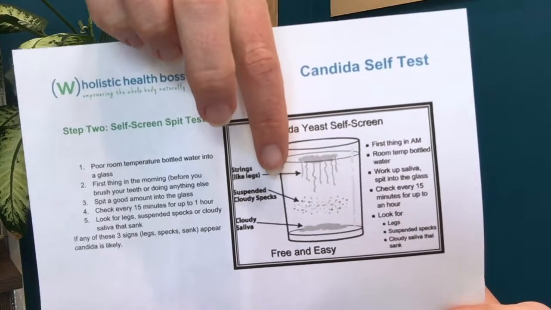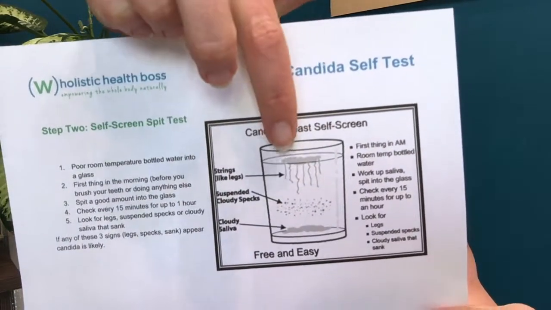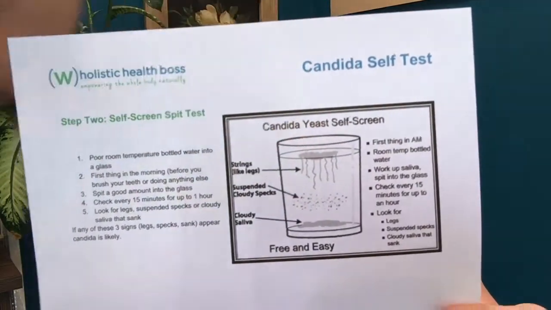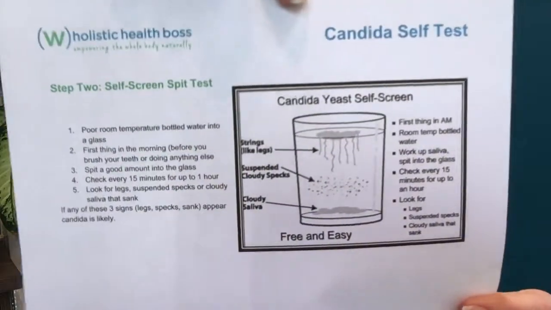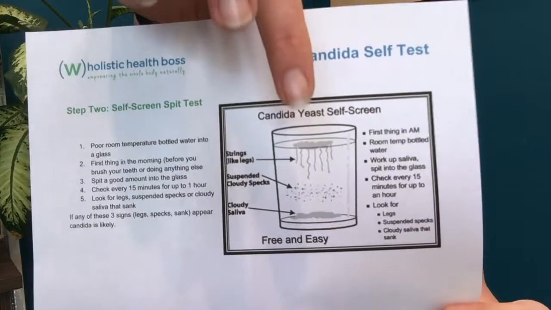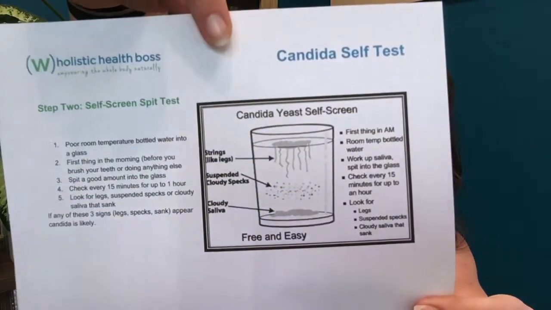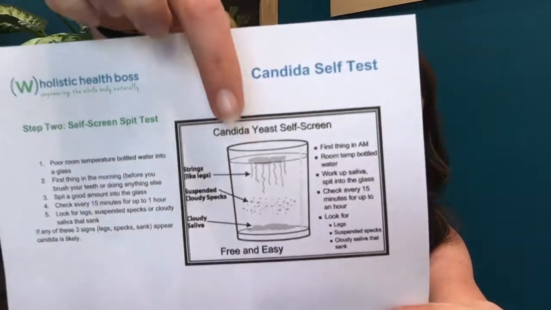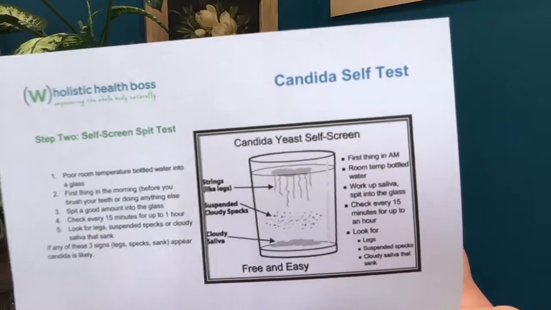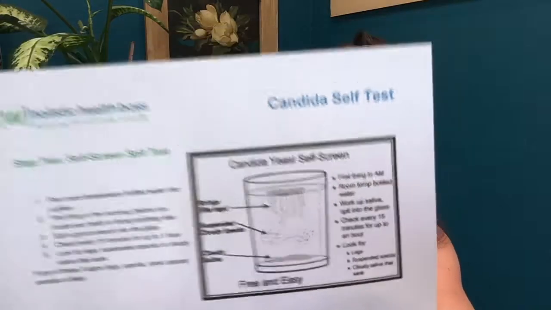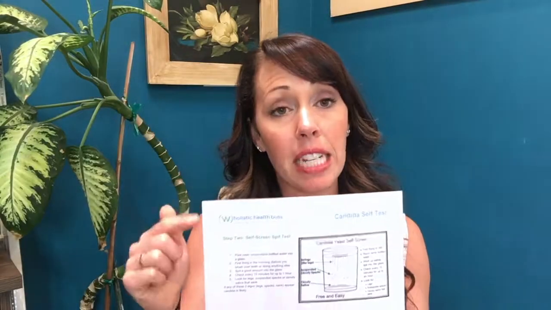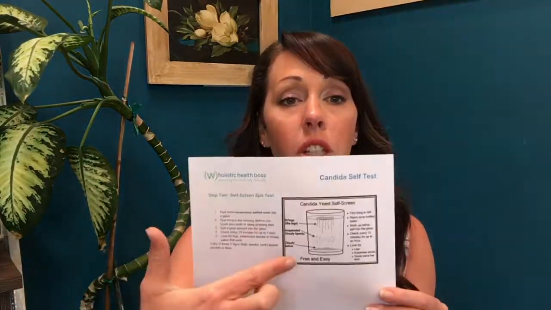You want to be looking for anything that is floating at the surface that has stringy legs, or you want to be looking at the part that's in the middle here, suspended particles, or you want to be looking for cloudy saliva that maybe has dropped to the bottom. If you see any of these three things in the glass after 15 minutes or up to an hour, so you want to check the glass every 15 minutes for an hour and be looking for these things.